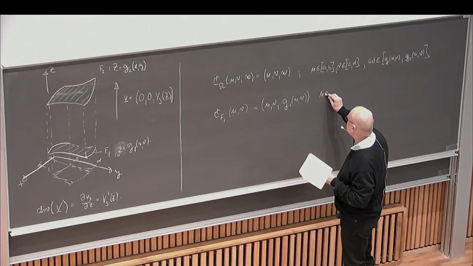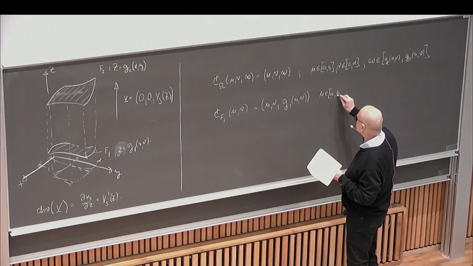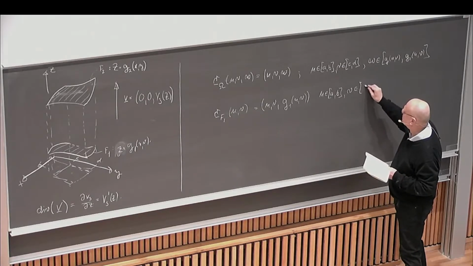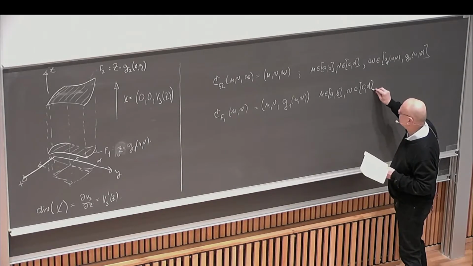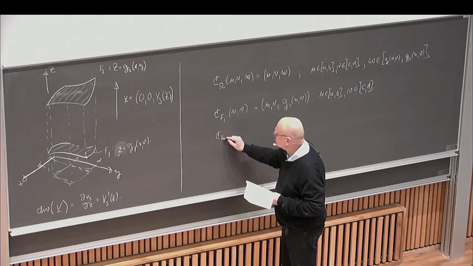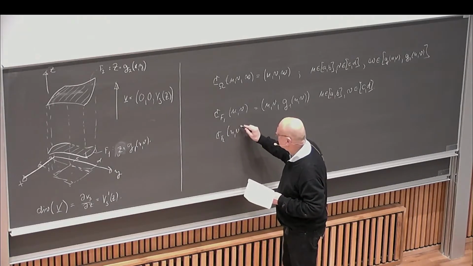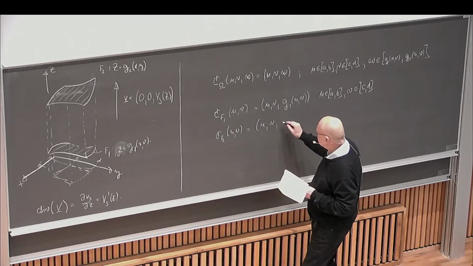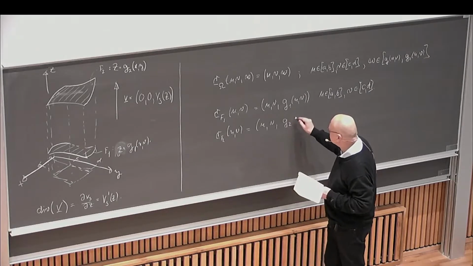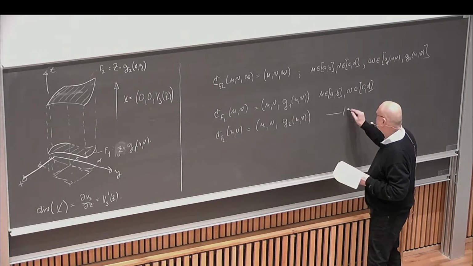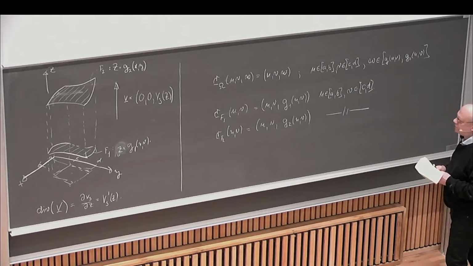And u is from a to b, and v is from c to d. The last one is quite similar. But here you get g2, of course, and the same parameter space.